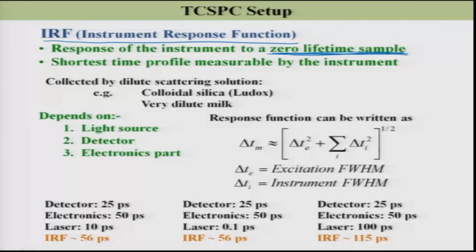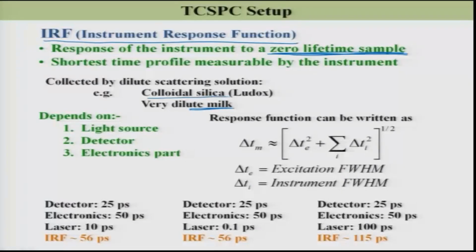So, instead of taking some fluorophore, some molecule which emits light, I can take a scatterer, which is going to give me scattered light. That could be Rayleigh scattering, that also could be Raman scattering, it does not matter, because in both cases scattering is an instantaneous process.